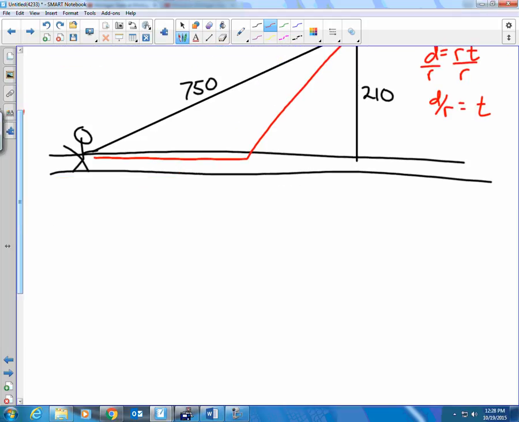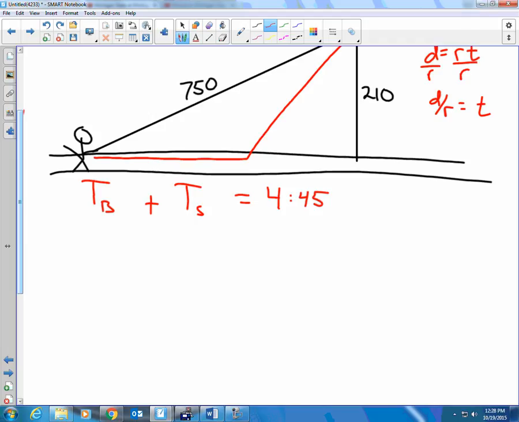So if I would say that the time on the boardwalk plus the time on the sand, that should be equal to 4 minutes, 45 seconds. Right? Okay. A couple things I don't like about this problem right now.